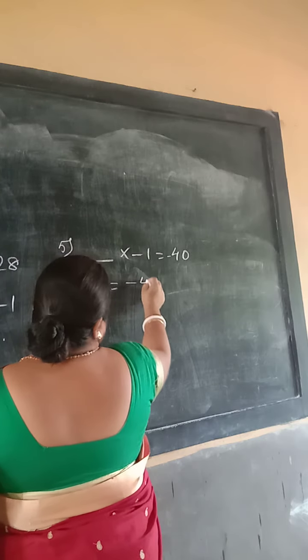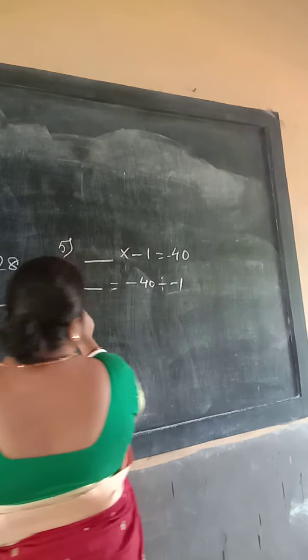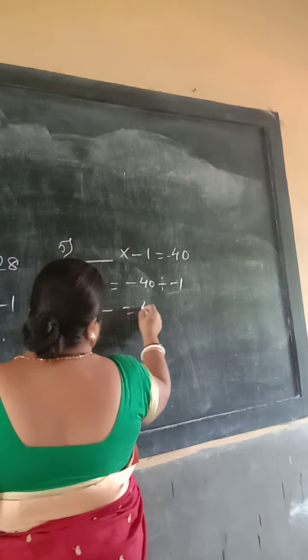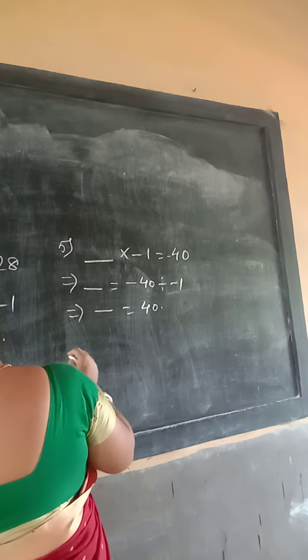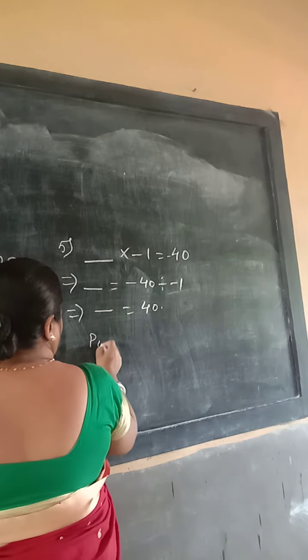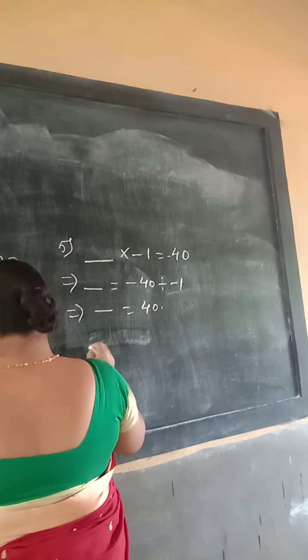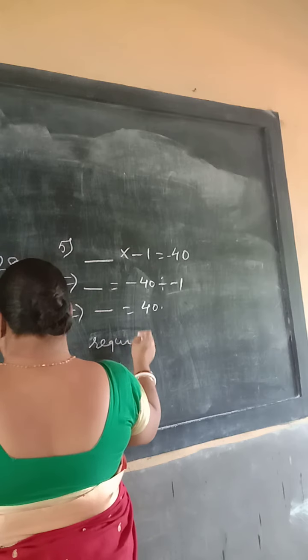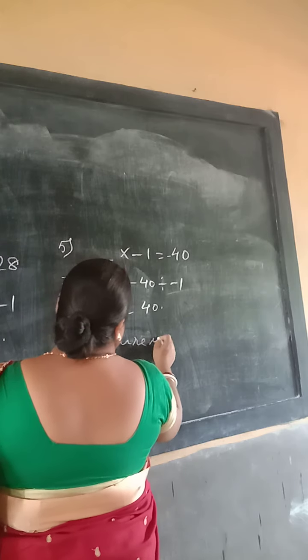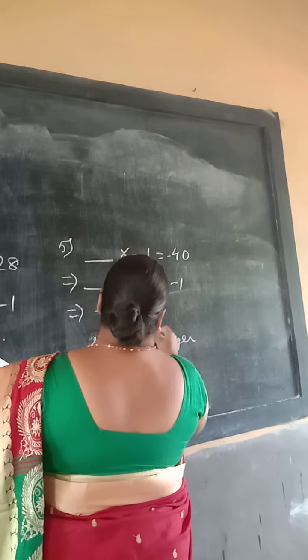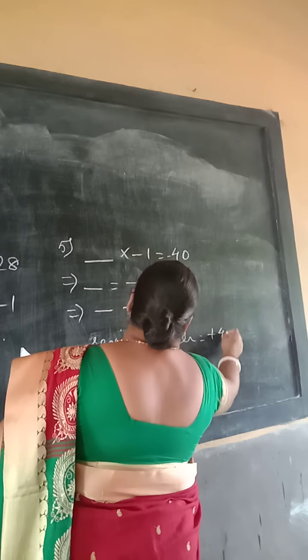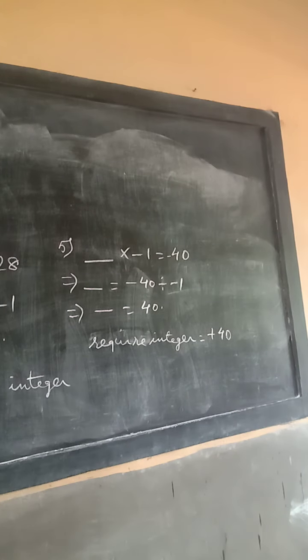Dash is equal to minus 40 divided by minus 1, or dash is equal to 40. So what will we write? Positive integer, or the required integer is plus 40.